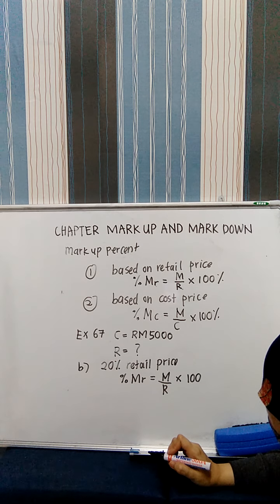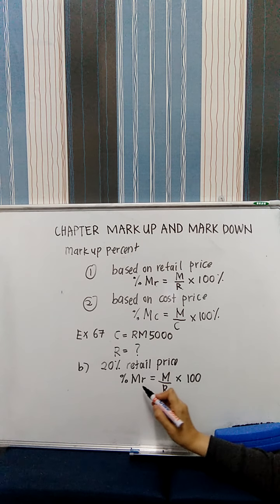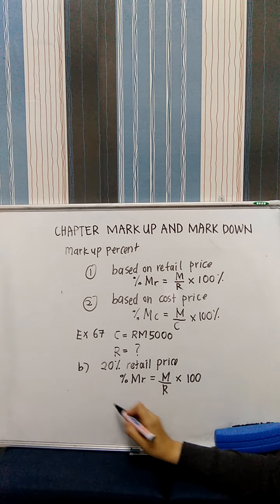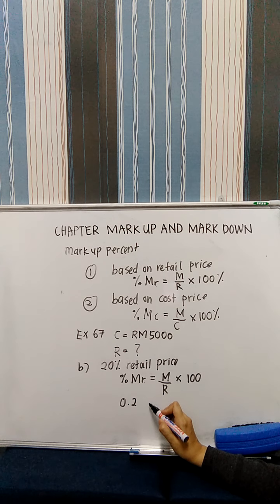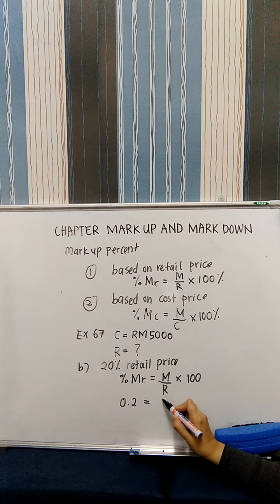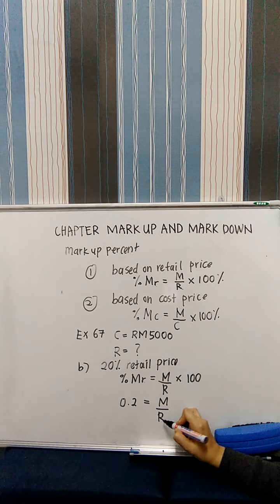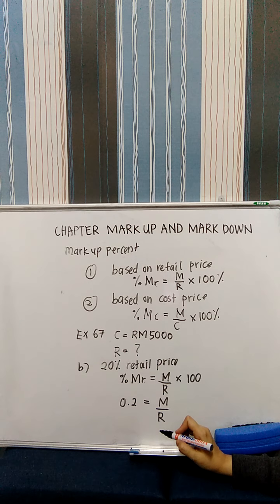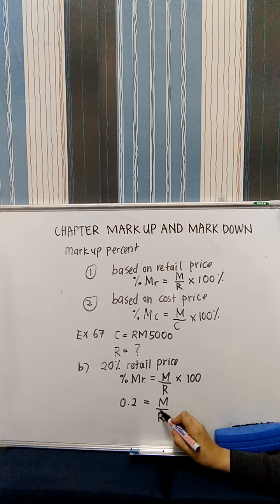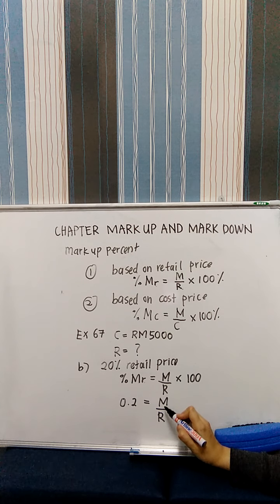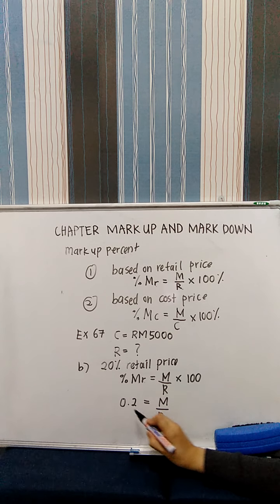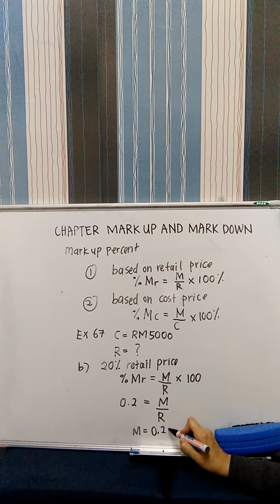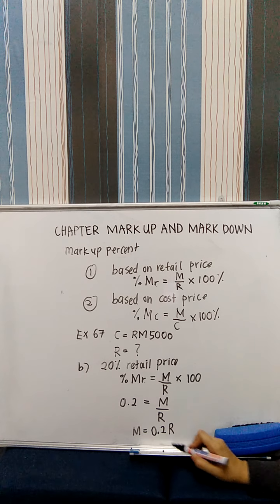So percent markup retail, 0.2 equal to M over R. Because we don't have the value of R here, to find the M, M equal to 0.2 R. Just take the value 0.2 R.